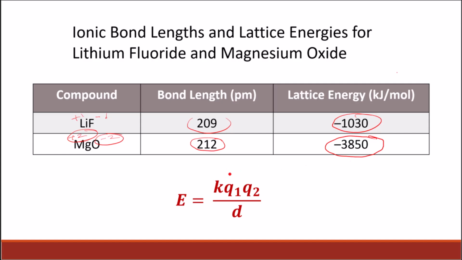So in this case, you'd have the constant for this, you'd have +2 times -2, which would give you a -4 divided by the 212 picometers between them, as opposed to lithium fluoride, which would be a +1 times a -1, which would give you -1 divided by 209 picometers.